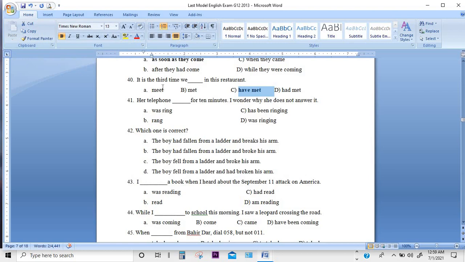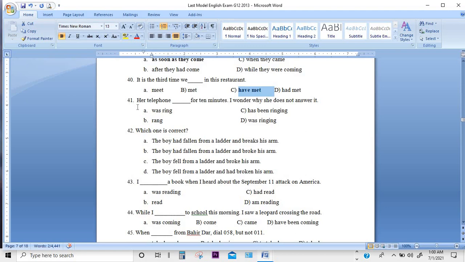So it is connecting the two time intervals, the past time with the present time. So if it is connecting the two time intervals, I tend to choose perfect over what? The simple present. So perfect is preferred over simple present, because it connects the two time intervals.